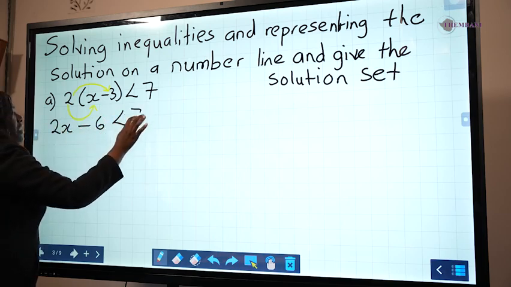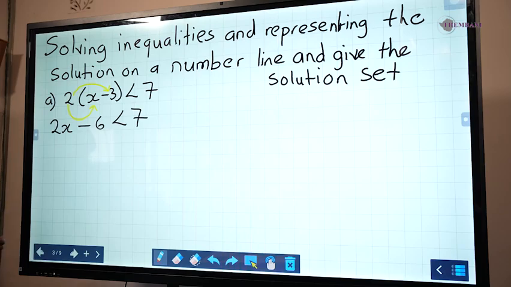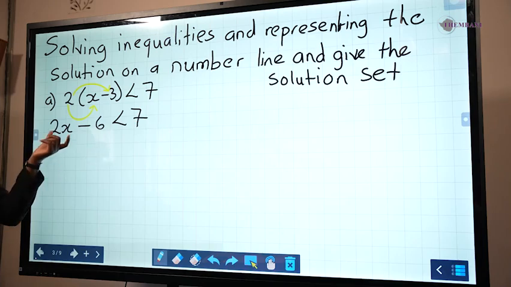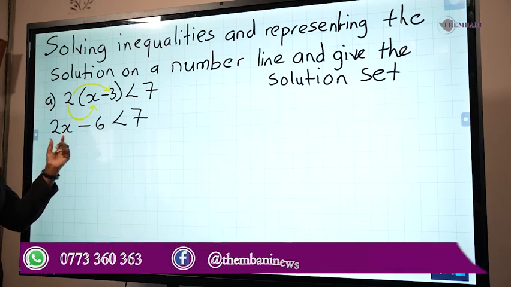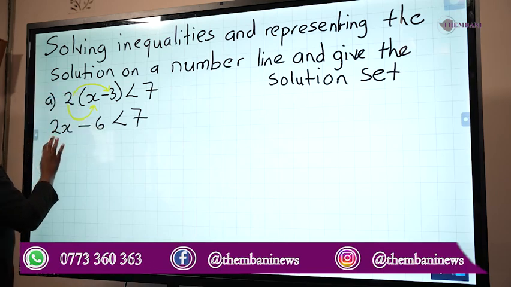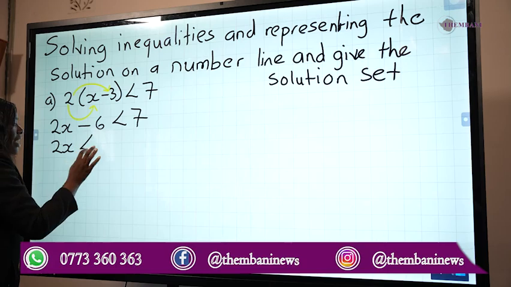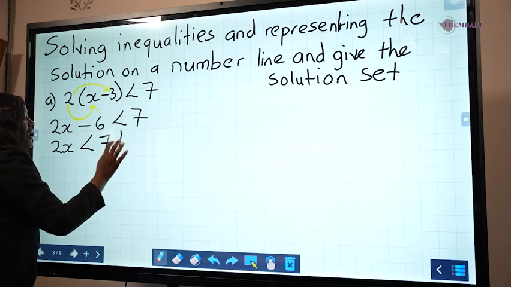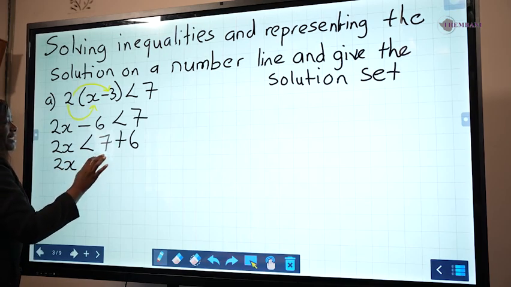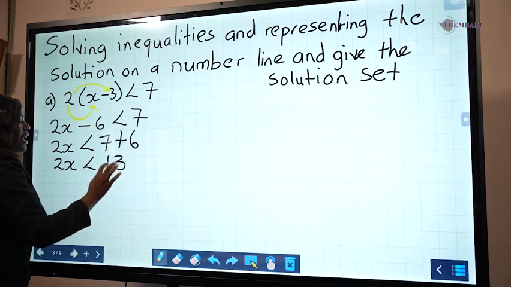Then we put our inequality sign and the 7. So we now want to group like and unlike terms. We move this negative 6, which crosses the inequality sign, and becomes a positive. So we now have 2x is less than 7 plus 6, which gives us 13.